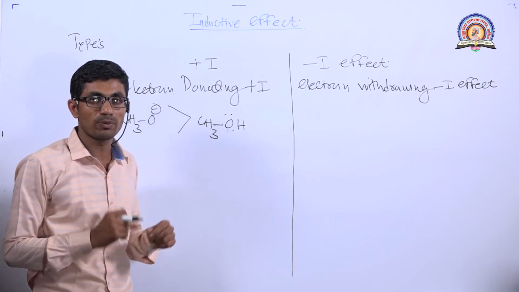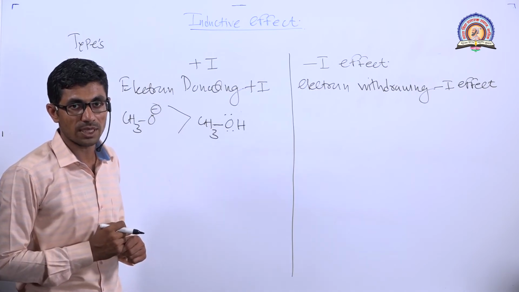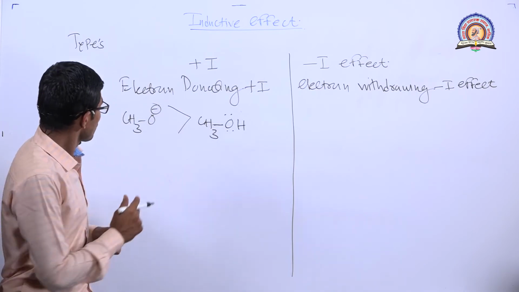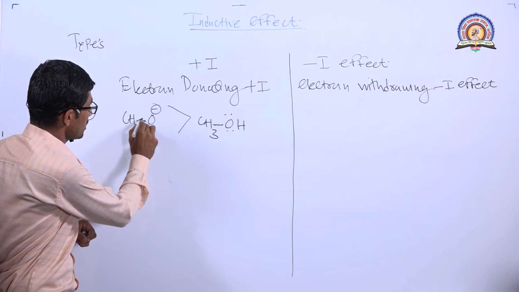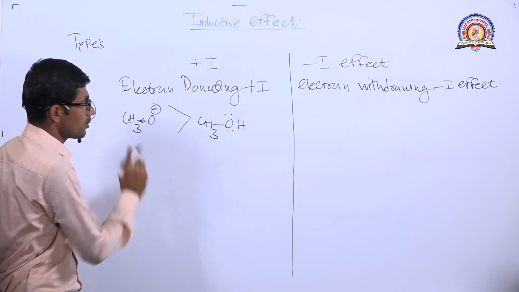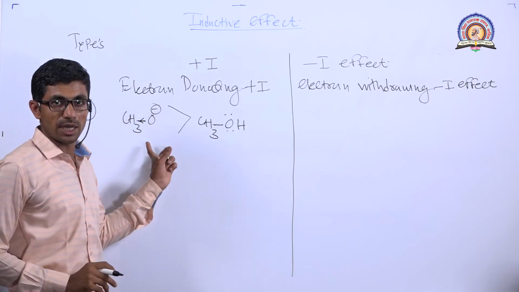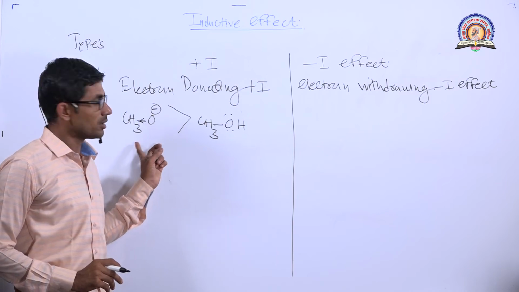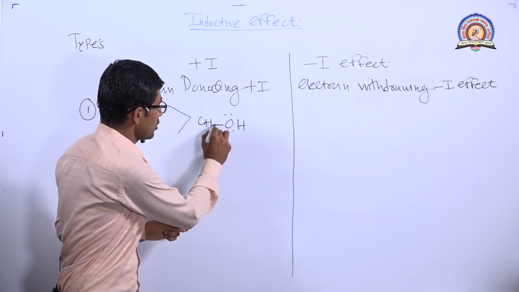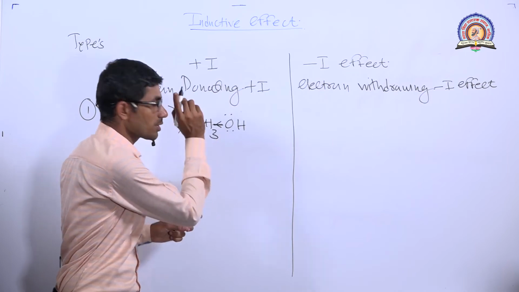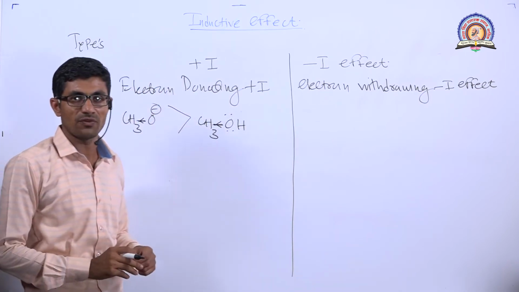Which group shows more plus I effect? This oxygen increases the electron density around the carbon atom. This oxygen also increases the electron density around the carbon atom. So this group shows the plus I effect, no doubt.